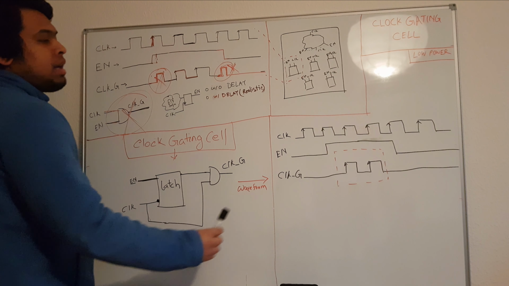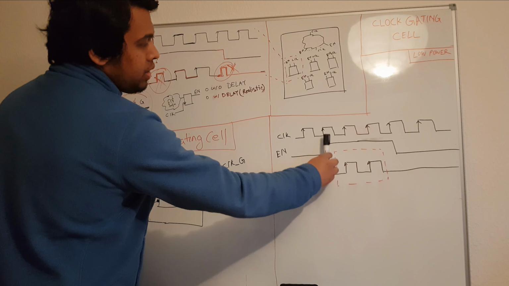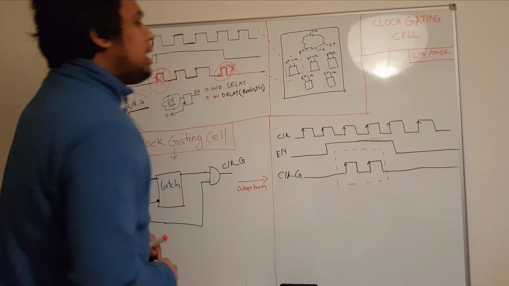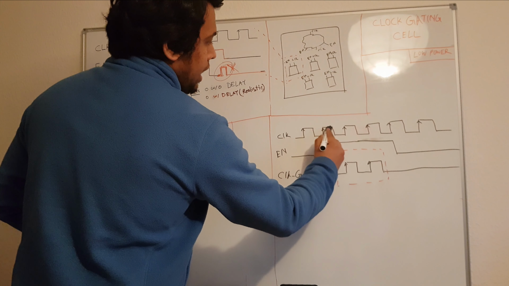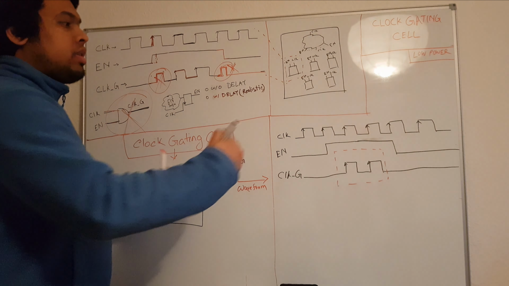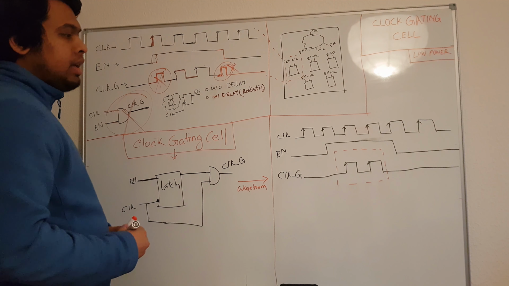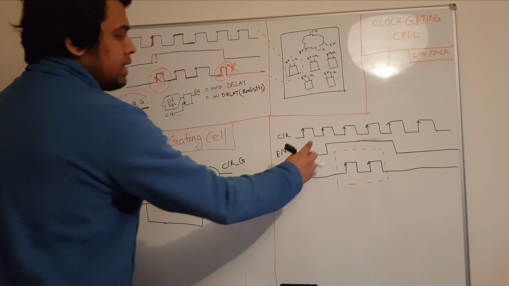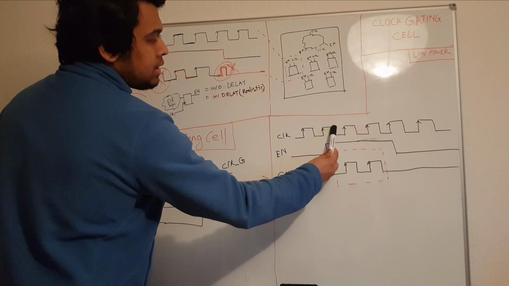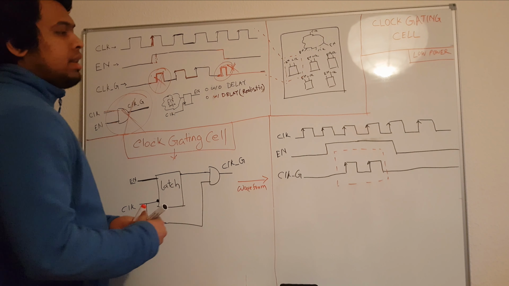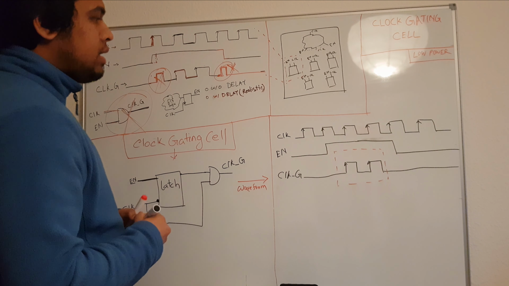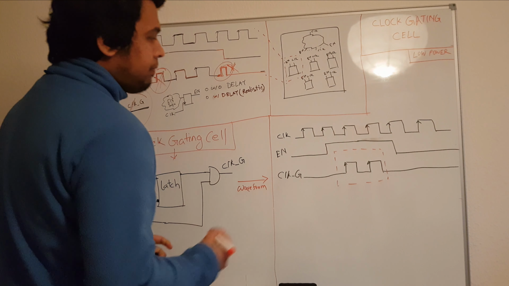That means if the enable goes high somewhere, when the clock is high, positive, and the enable goes high after a while, as we see here with the delay, the signal will not be transferred here, because it will wait for the next negative edge, and then the signal will be transferred. So let's see it a bit more clearly.